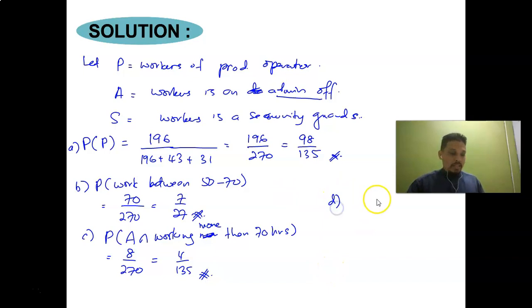And then D, the probability of security working less than 14 hours.